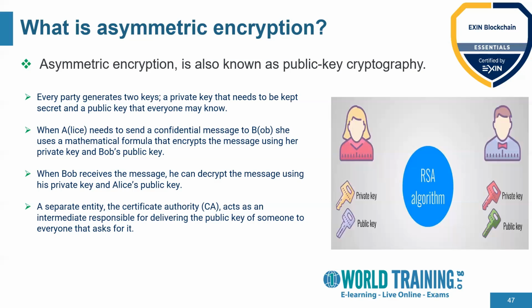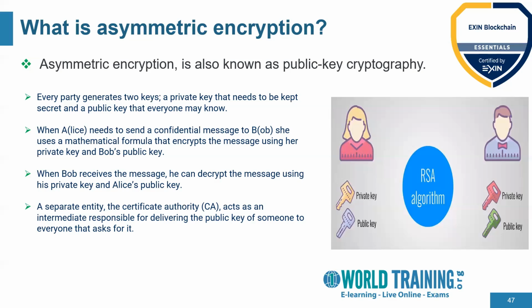There is a separate entity called the certifying authority, which acts as an intermediate responsible for delivering the public key of someone to anyone else who asks for it. It is the responsibility of the certificate authority to share the public key of everyone in the network.